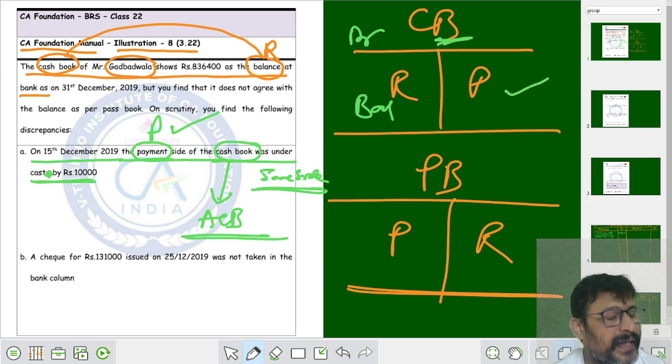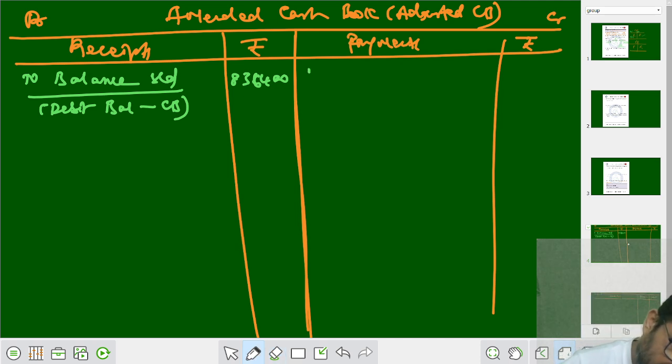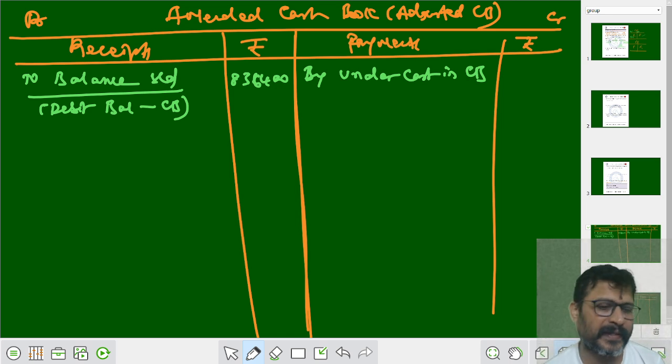Does it come in ACB or BRS? It is to be entered in ACB, called adjusted cash book or amended cash book, because the mistakes are committed in the cash book. We have to record it on the payment side. Let us write: by undercast in cash book. What side? Payment side. With an amount of how much, my dear children?